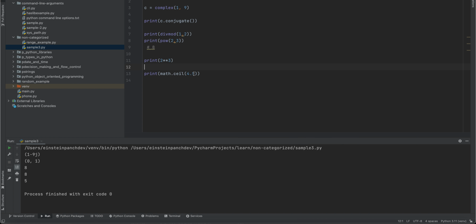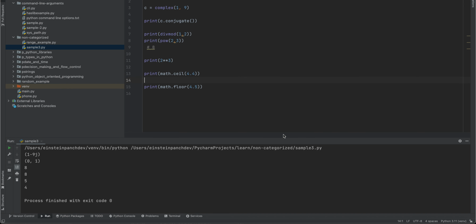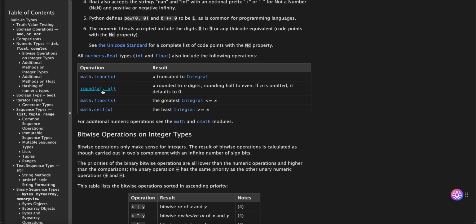If I say 4, it should print 5. And if I say math.floor and here I say 4.5, it should print 4. Yeah, that is standard math operation.